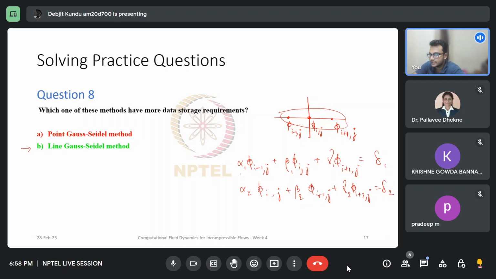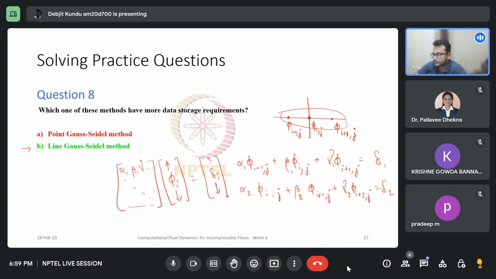So this would lead us to having a matrix like this. Here all the phi's would be there. You get the point, right? So this vector would be phi 1, phi 2, phi 3, phi 4, and so on up until phi n. And here we will have those alpha, beta, gammas and so on. So this would be a whole matrix like this, and this would be equal to this delta, a vector again.